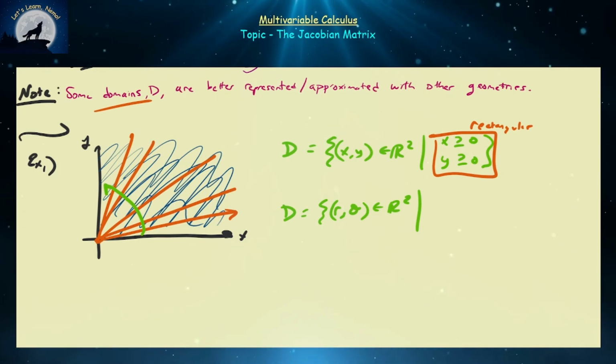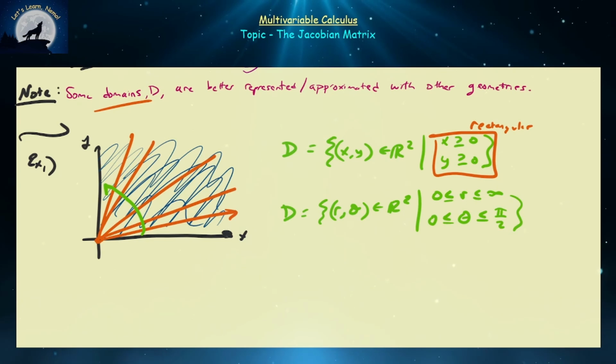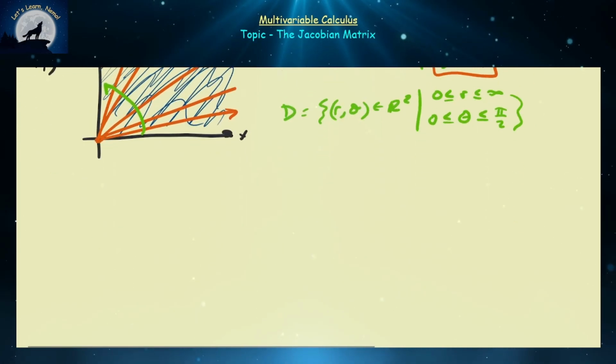So we can represent this in the polar world using 0 less than or equal to r less than or equal to infinity, and 0 less than or equal to theta less than or equal to pi over 2. So note that both of these geometries can easily represent this particular domain D that we plan to integrate some multivariable function over.